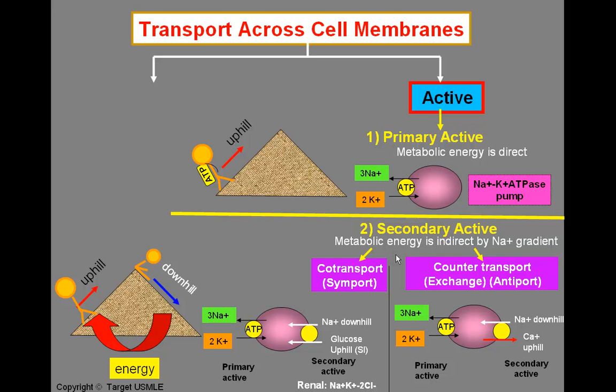Now both the solutes are moving in the same direction, hence it's called cotransport or symport. If you look at the cell to your right, you see sodium going downhill, but that energy is used for calcium to go uphill, and both the solutes are moving in opposite directions. Hence, it's called countertransport or antiport.